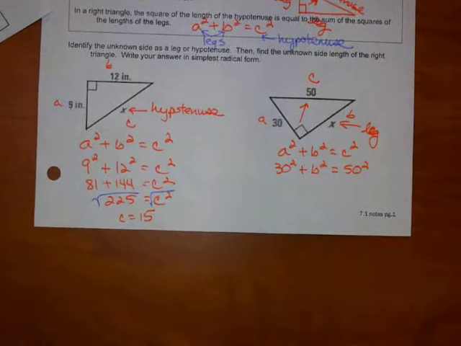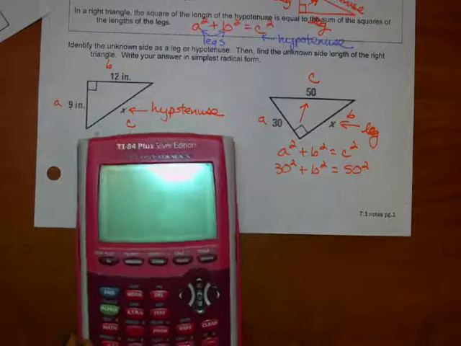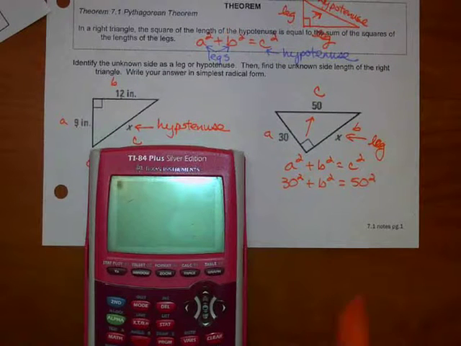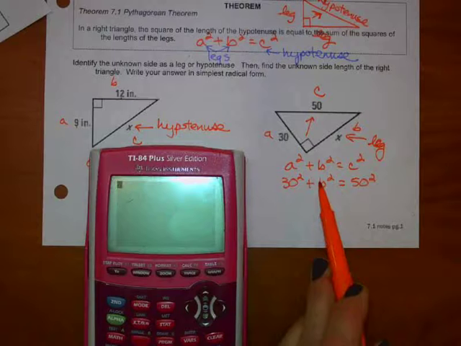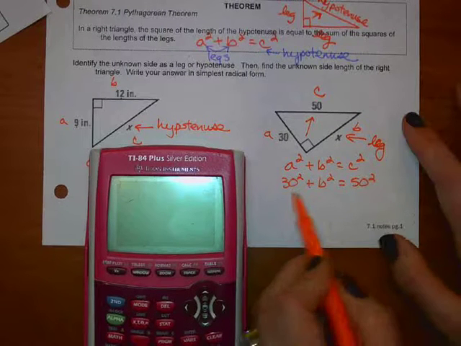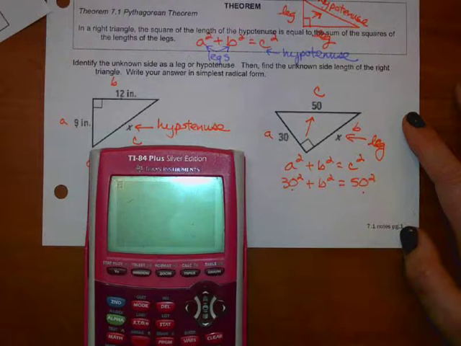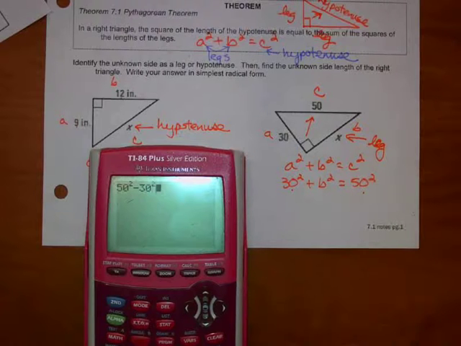Now this is what I was talking about. You can spend time multiplying them out, but if you go to your calculator, you know you have to get B squared by itself, right? So sometimes I just like to say to myself, okay, I got to subtract 30 squared from both sides, so I can just do that right on the calculator. It looks like this. See what I'm saying? It's just a little shortcut.